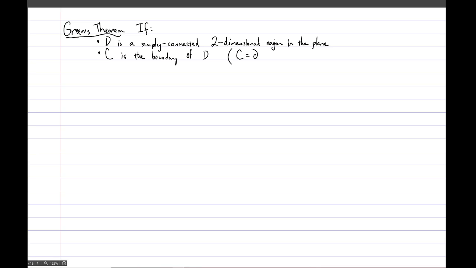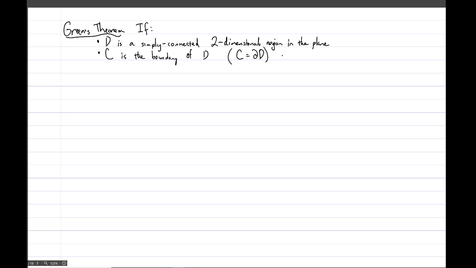So if D is a simply connected two-dimensional region in the plane, and C is the boundary of D. In notation, what we write for this is C is equal to, and then this symbol looks like a partial derivative symbol is what we write for boundary of.